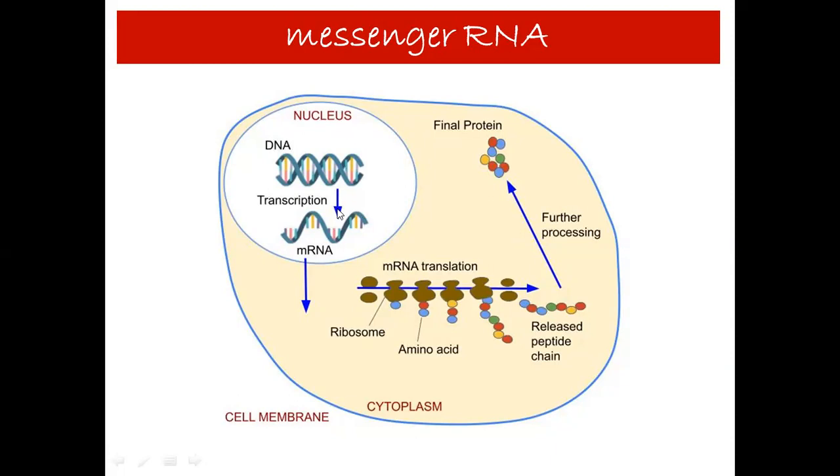This RNA transcript as mRNA is then transported from the nucleus to the cytosolic ribosome with the instruction of all the protein synthesis. Now, the ribosome reads all these instructions and synthesizes a functional protein inside the cytosol.